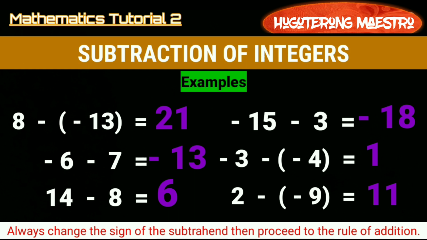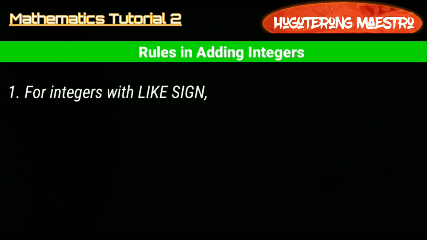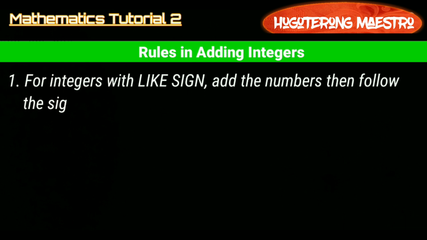So before we will end this video, balikan muna natin ang ating mga rules. Rules in adding integers. Rule number 1. For integers with like sign, add the numbers, then follow the sign. Ibig sabihin kung ang sign ng numbers ay pareho, i-add mo lang at sundin ang sign.